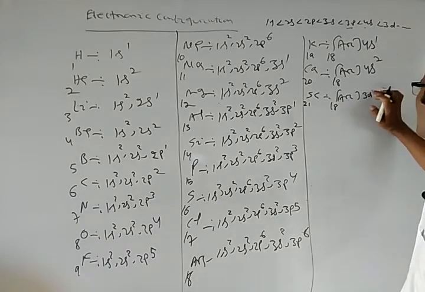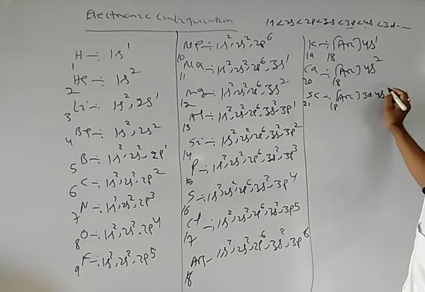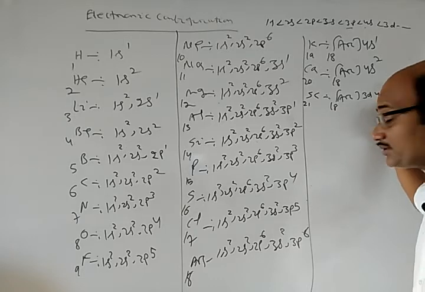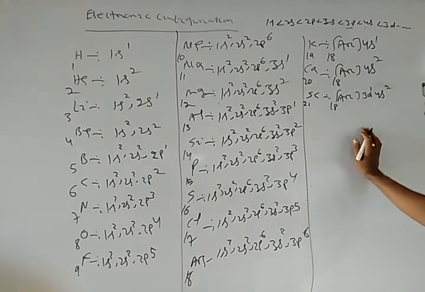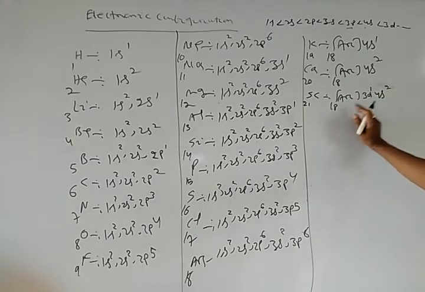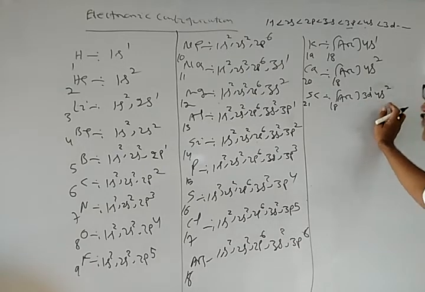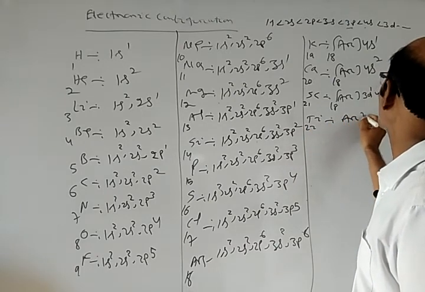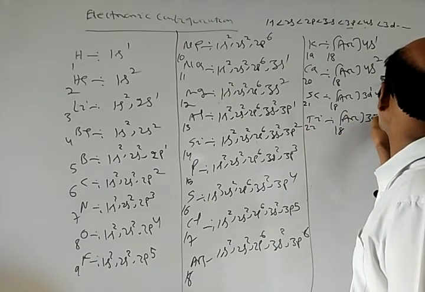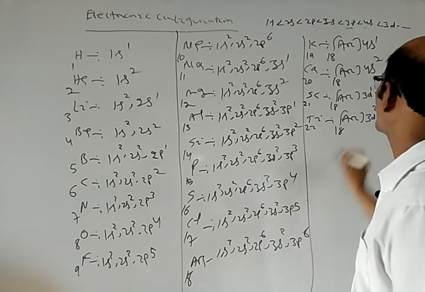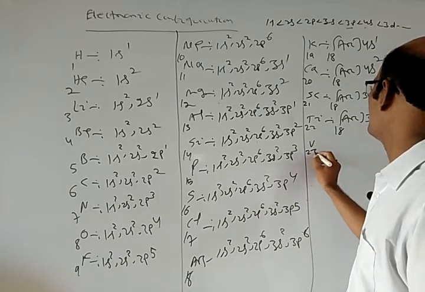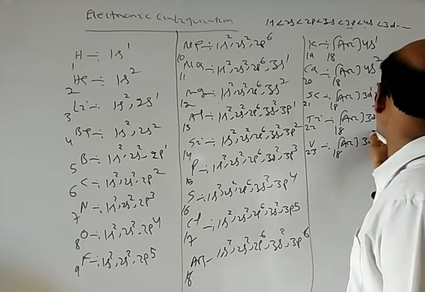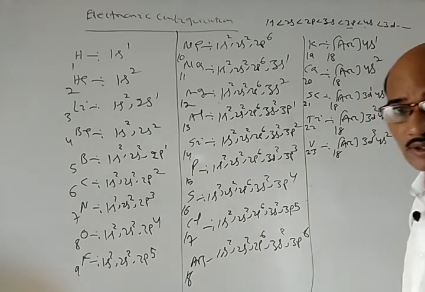We first give the electrons to 4s because it has less energy than 3d. Then we come to 3d. Scandium: argon 18, 3d1, 4s2. Titanium 22, vanadium 23, first two.